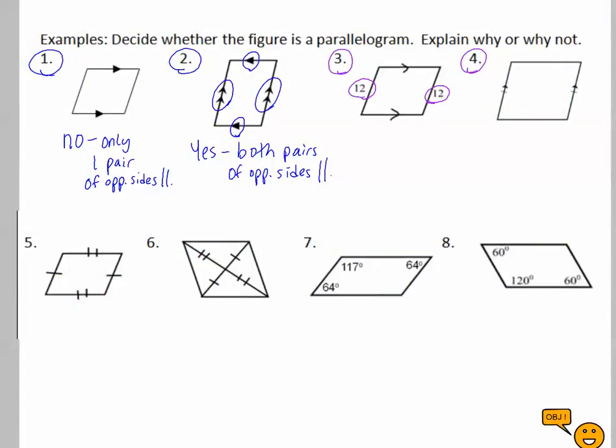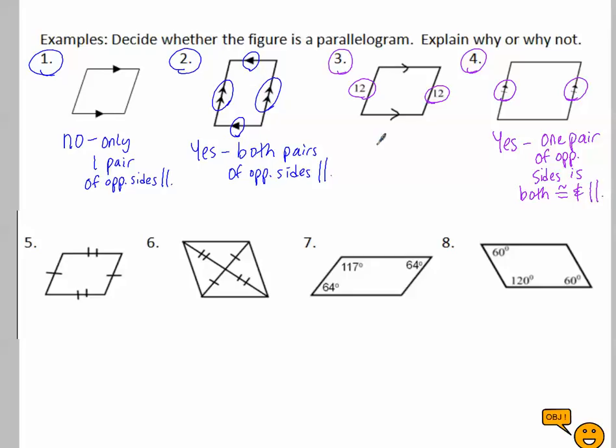What is that? Where is that demonstrated? Here in number 4. This one follows that property where one pair of opposite sides is both congruent and parallel.